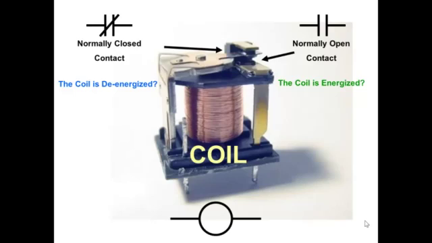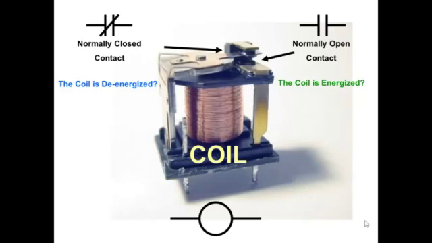If the normally closed contacts are closed, then yes, the coil is de-energized and it's true. Consequently, on the other side, the normally open contact, if you want to ask, is the coil energized, meaning that all 3 switches are closed, you use the normally open contact to query the coil, and if the contact is closed and you have continuity, then the coil is energized, and that represents collectively those three switches.